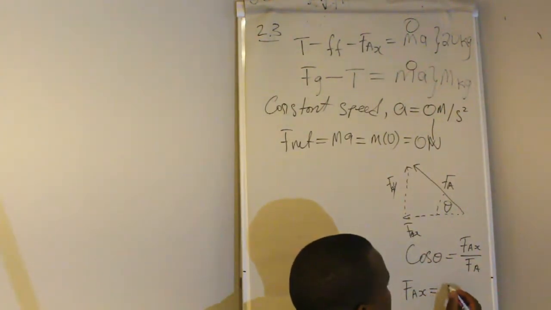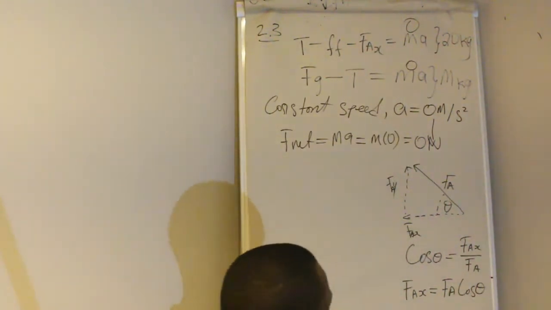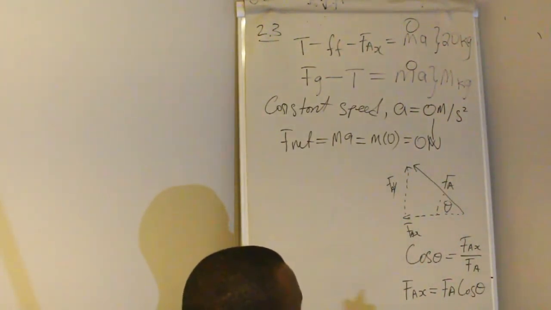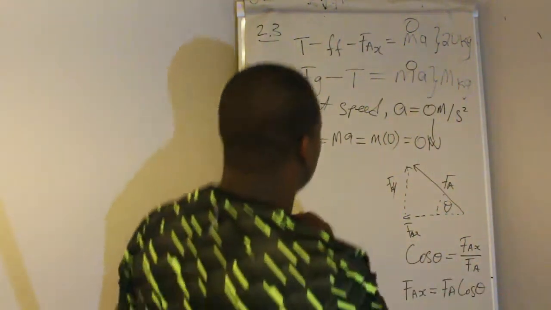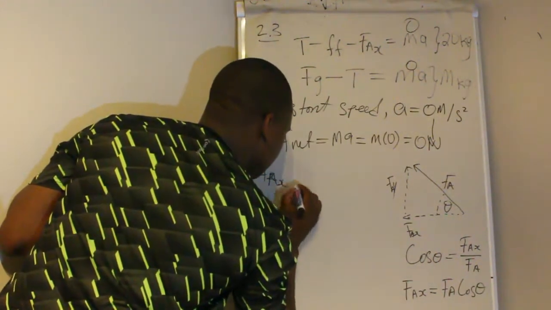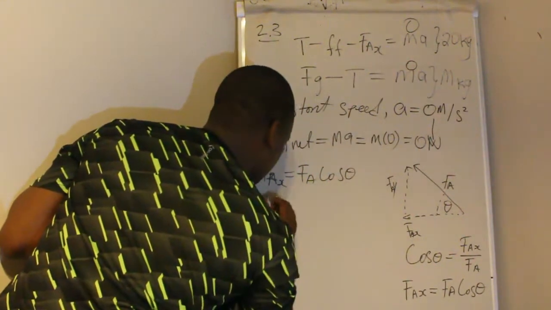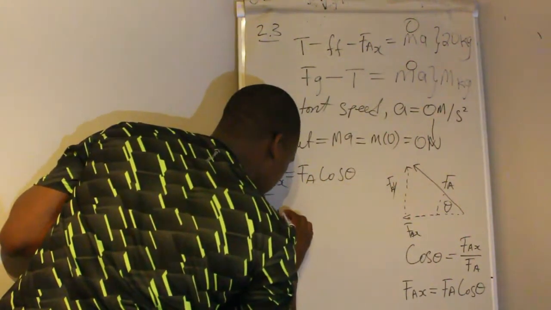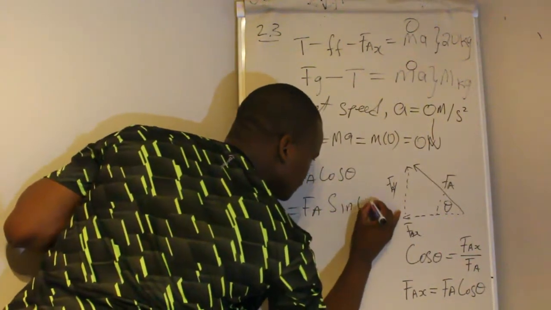Fax is equal to Fa cos theta. So that's how you find the value of this. So you know Fx or Fax is equal to Fa cos theta. Fay is equal to Fa sin theta.